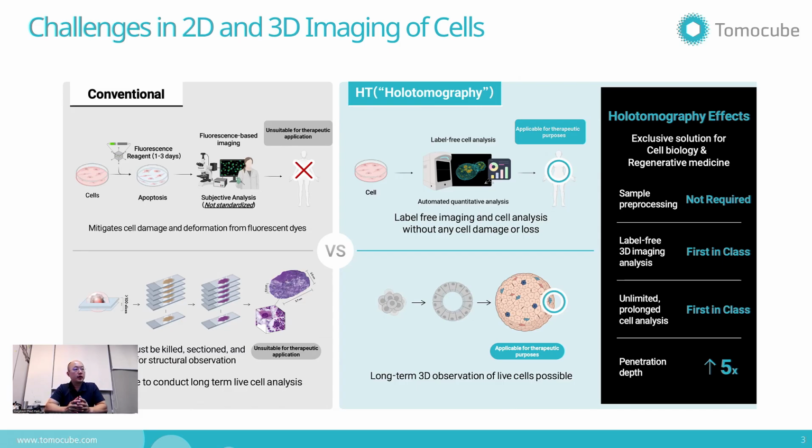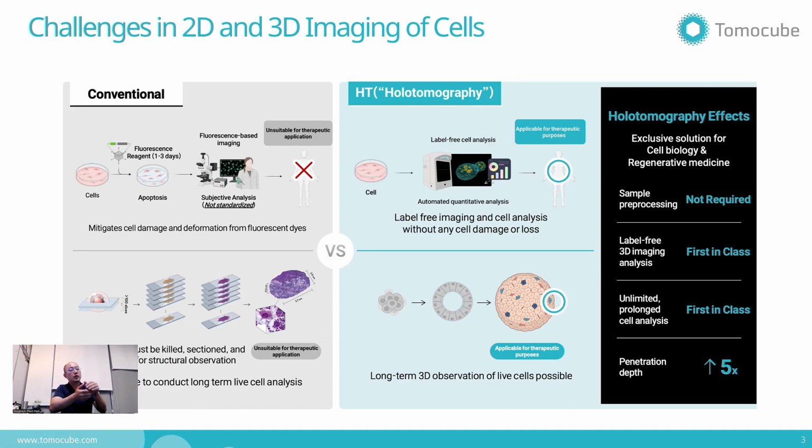The situation becomes more complicated if you want to measure three-dimensional fixed samples, such as organoids or three-dimensional histopathological samples. Conventionally, what they do is after fixation, followed by serial sectioning, individual sections are labeled by using staining dyes such as H&E, and each 2D thin slice is measured by using whole slide scanners.